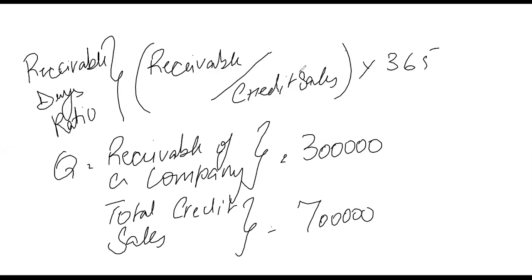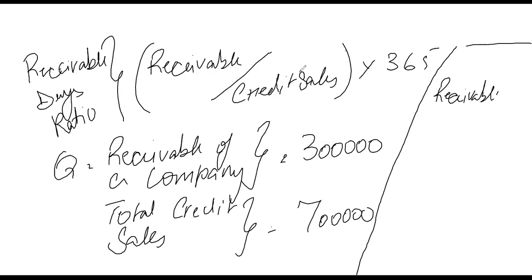Now, in order to get the receivable days ratio, I'll be dividing the receivables by credit sales and multiplying by 365.